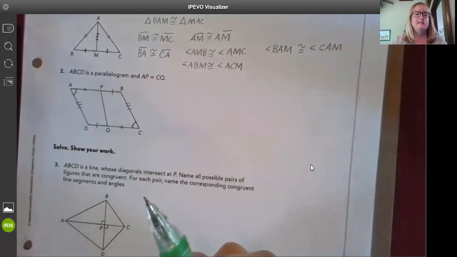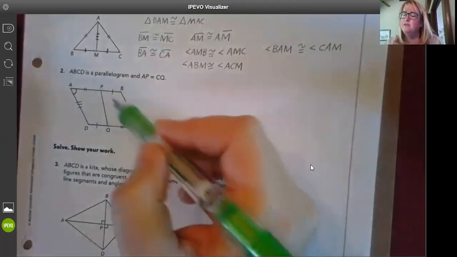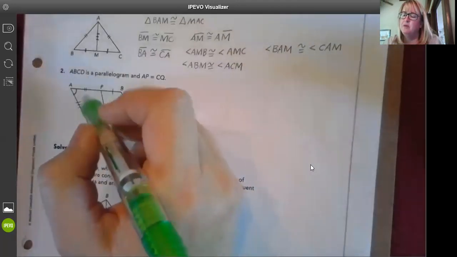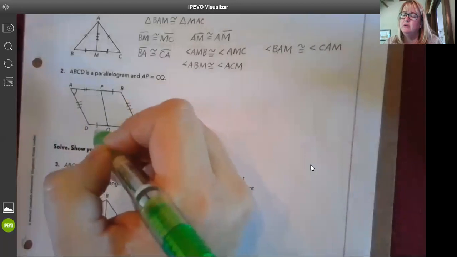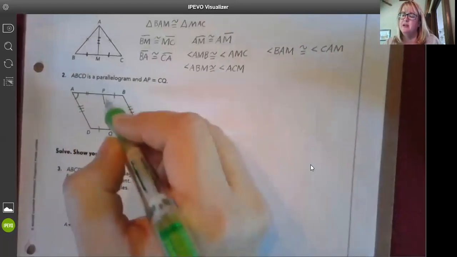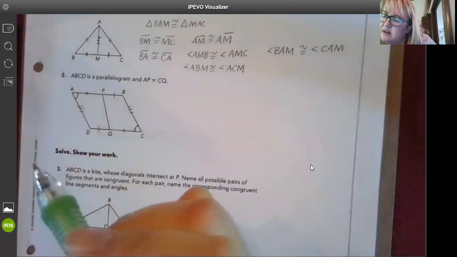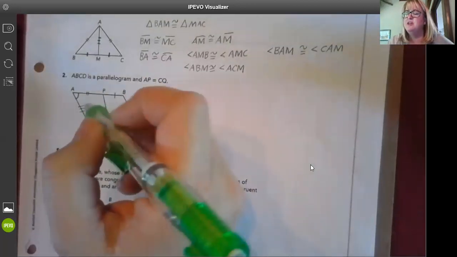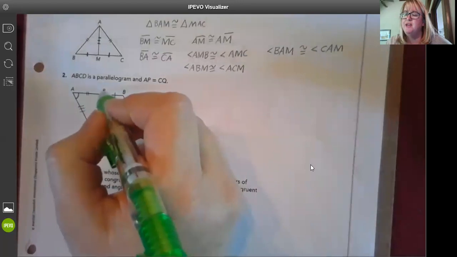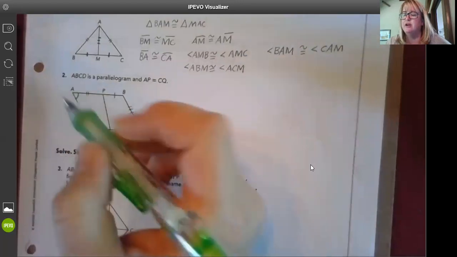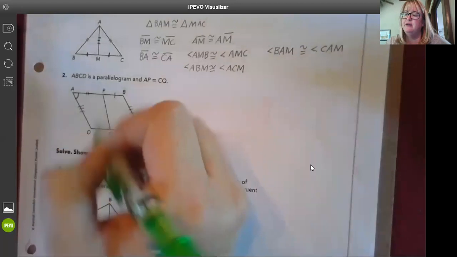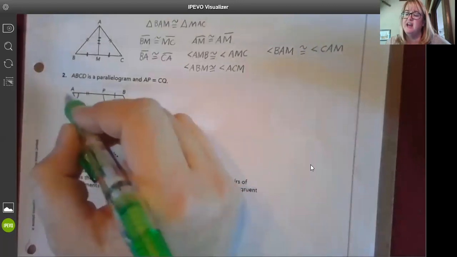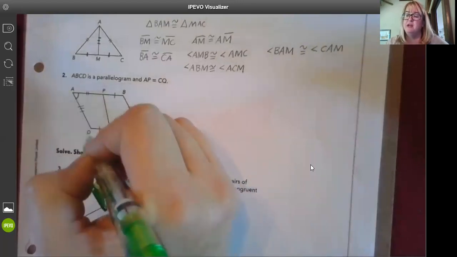All right, so if we've got this, we have two quadrilaterals. They're no longer parallelograms when you mark this. And so this is quadrilateral PADQ, or I could call it ADQP, or I could call it DQPA. It doesn't matter, you just have to be in order.